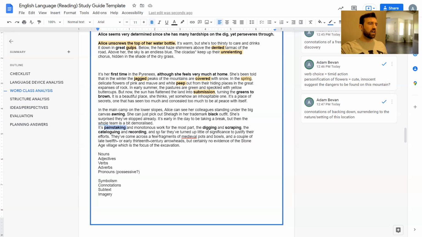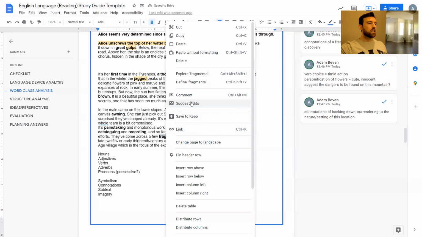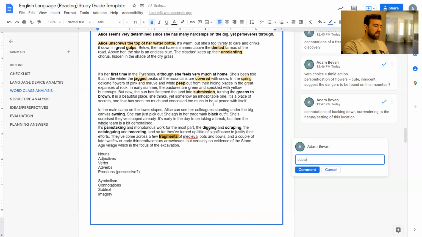I stopped it there. So let's just talk about the word fragments again as well, because I want to do a bit more subtext. So the subtext, what subtext means, just in case any of you don't know, is like an underlying meaning to the words. So a fragment, obviously this noun choice is very insignificant.